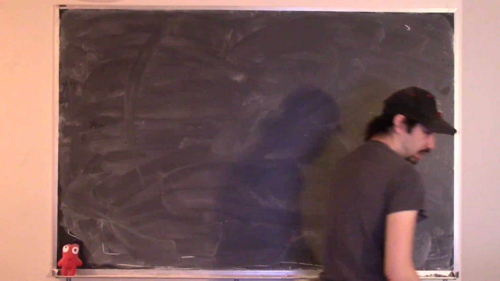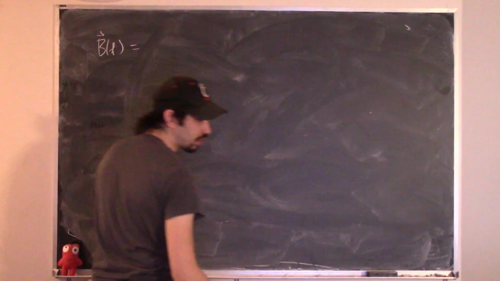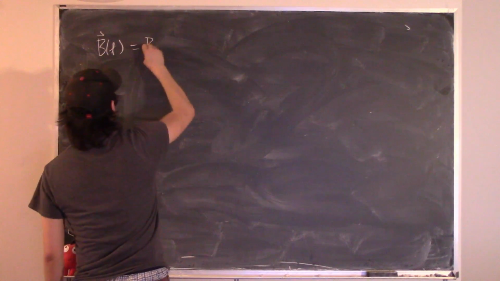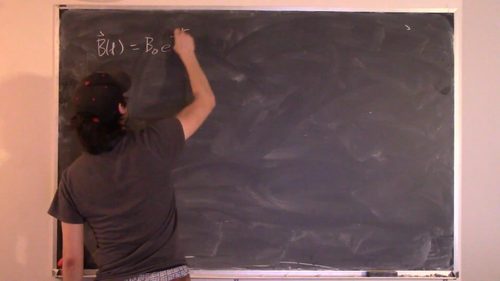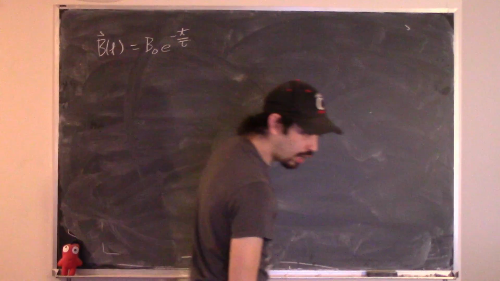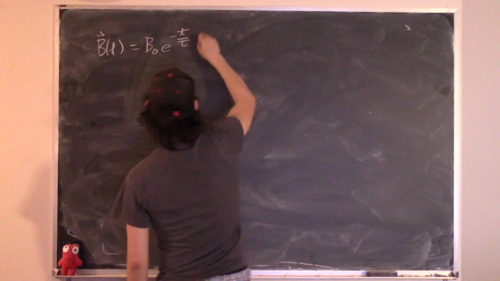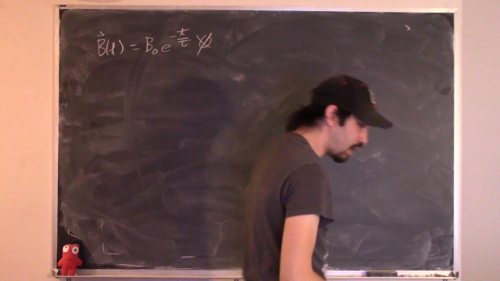So this question says, consider some magnetic field given by B of t is equal to B0 e to the minus t divided by tau, and that's going to be pointing in.